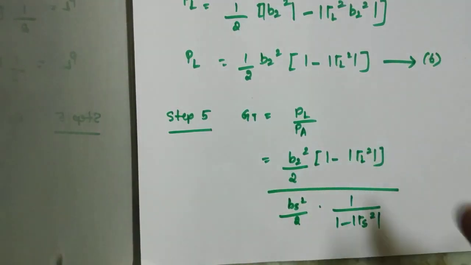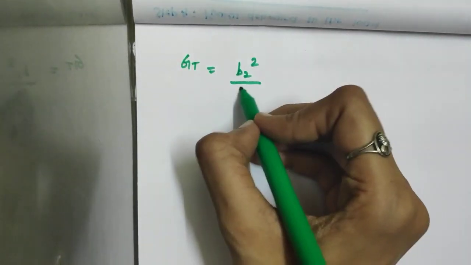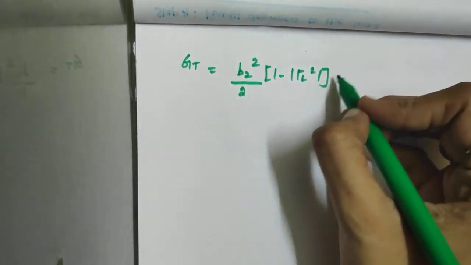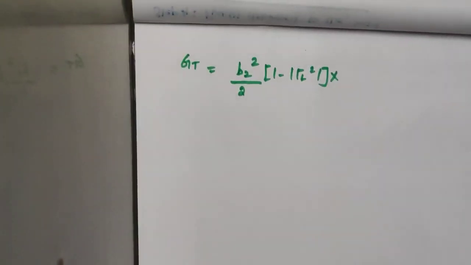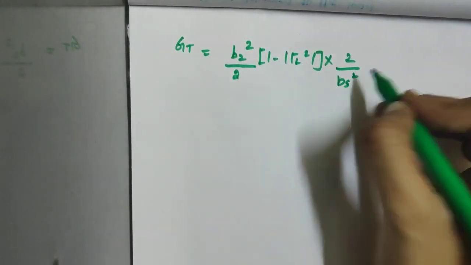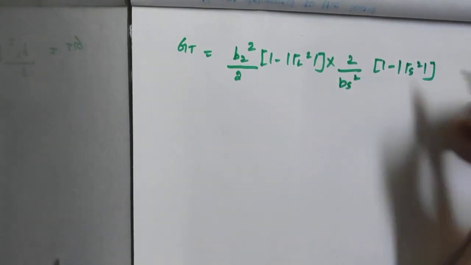So we will reciprocate this term and then we will simplify. So on reciprocating, we get B2 square by 2 into 1 minus mod of tau L square into, this term becomes 2 by B square into 1 minus mod of tau square.